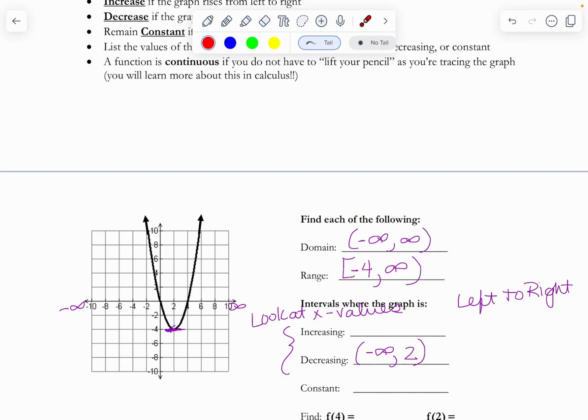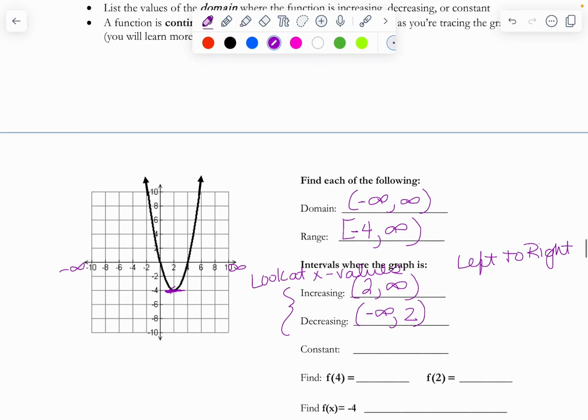Now, from 2 to positive infinity, I'm increasing. I'm not constant anywhere. Constant would be a horizontal line, which we'll see in the next example. So I could leave it blank or just put that.